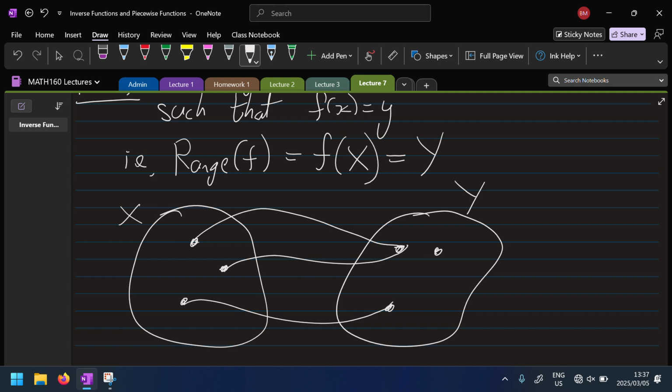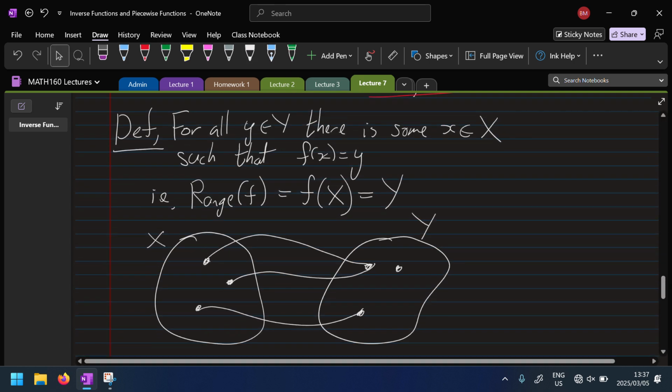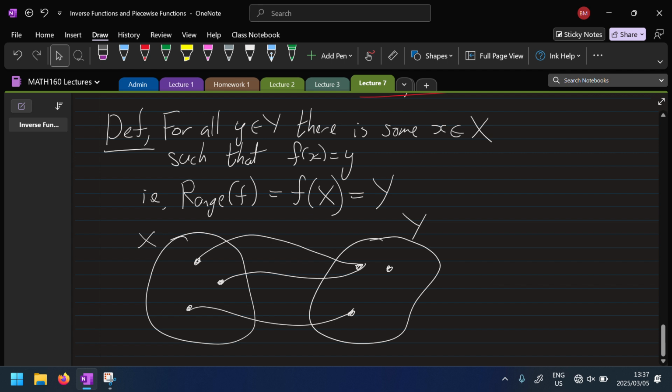So let's go through all the words there, see what we've got. For all elements y in the target, there is some element x in the domain such that f of x equals y. In terms of the picture, f of x equals y means that there's a line from x to y because they're being connected.